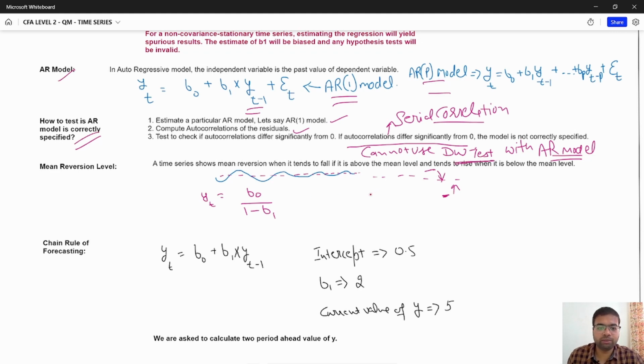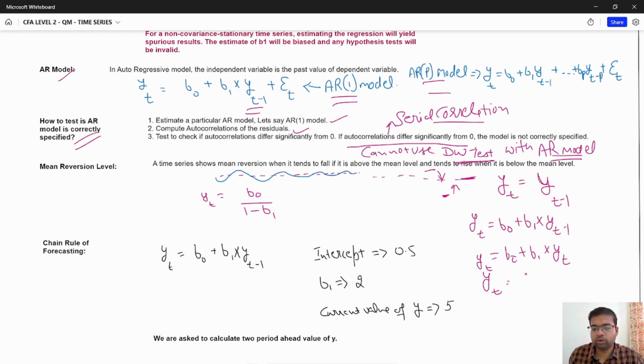Now how to calculate the mean value? We know that at this particular mean value, yt will be equal to yt minus 1 because the expected value is always equal to the mean value. So yt is equal to yt minus 1, and if we put this into our AR1 model and solve for yt, it will be equal to b0 divided by 1 minus b1.